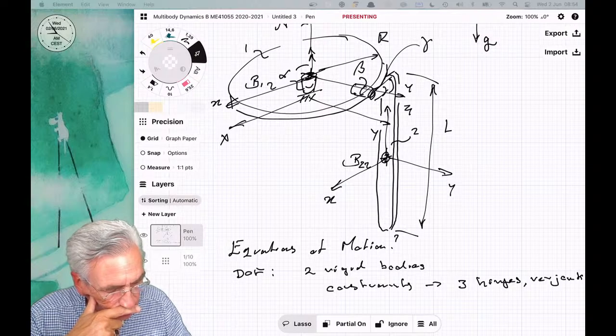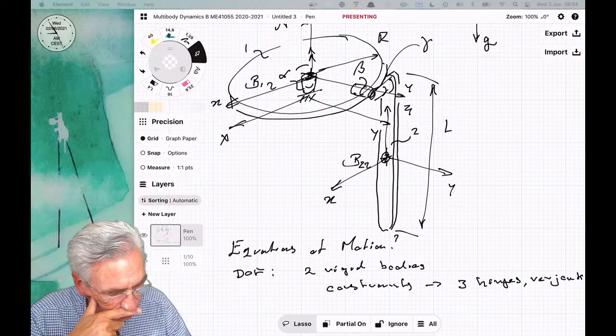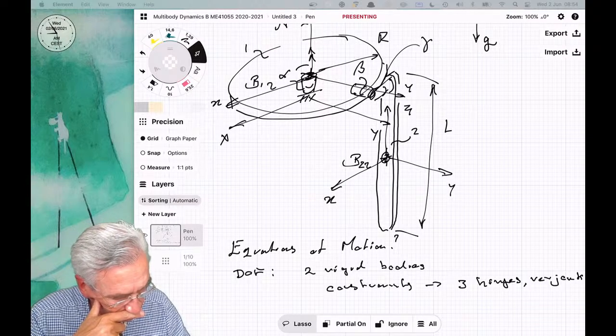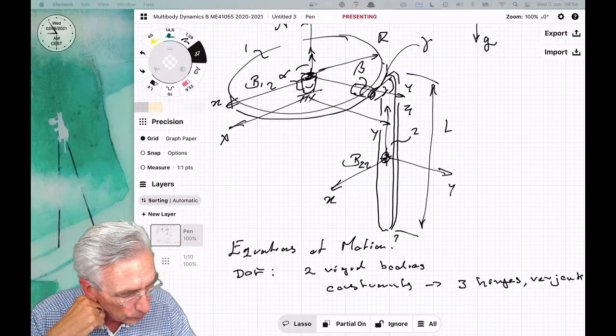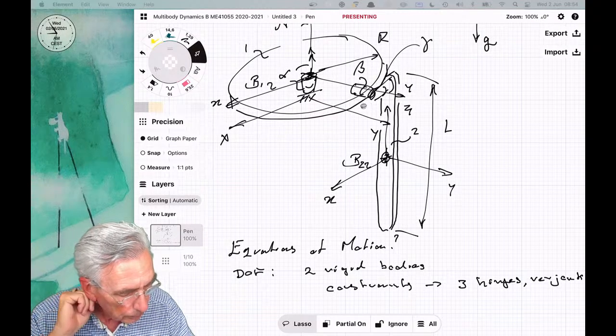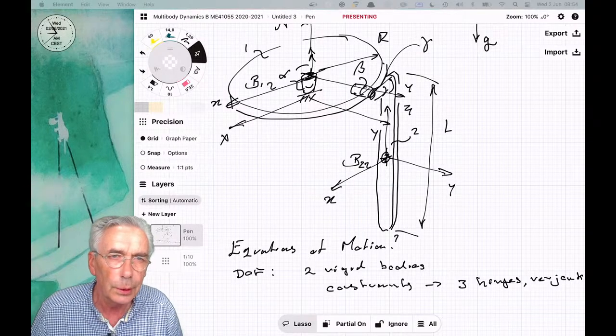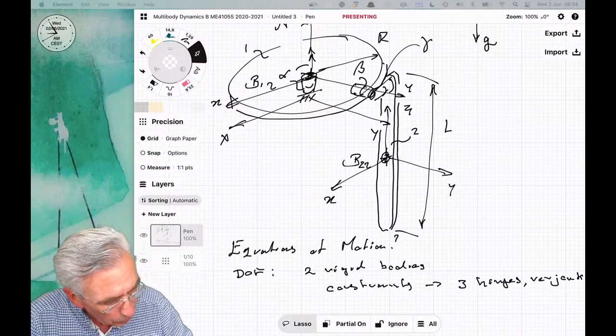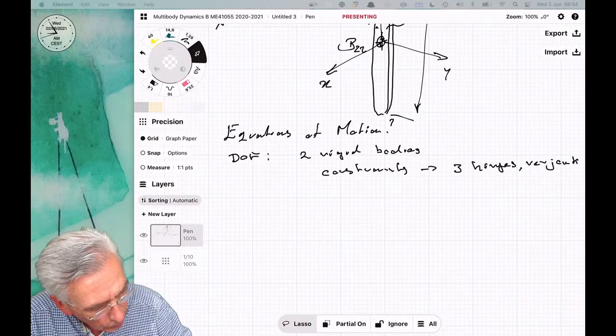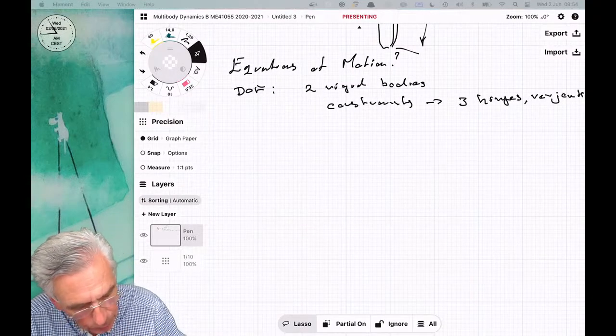If you look at the system here, there is probably a body in between to connect those 2 hinges. So if you want to do some counting, you have to think the system is a bit more complex.